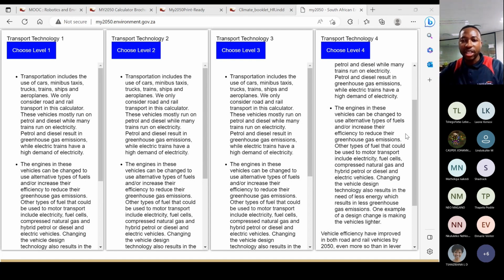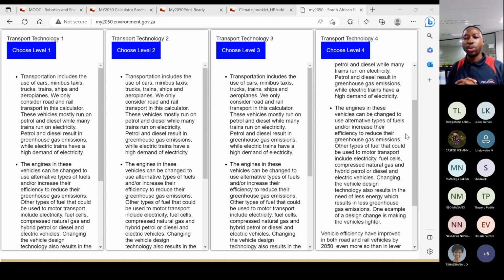Changing this vehicle design technology also results in the need of less energy, which results in less greenhouse gas emissions. And then this is where you can even say that an example is a design change is making the vehicles lighter. That's why we have those cars that only use electricity or batteries.